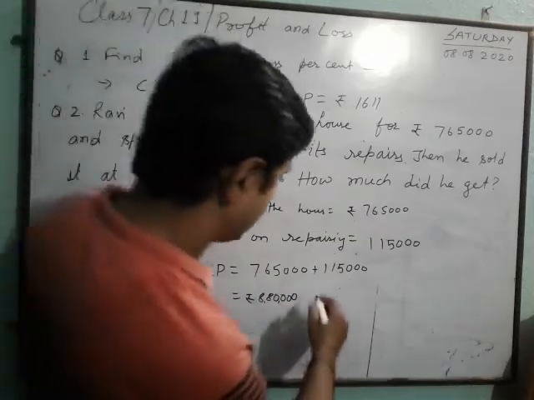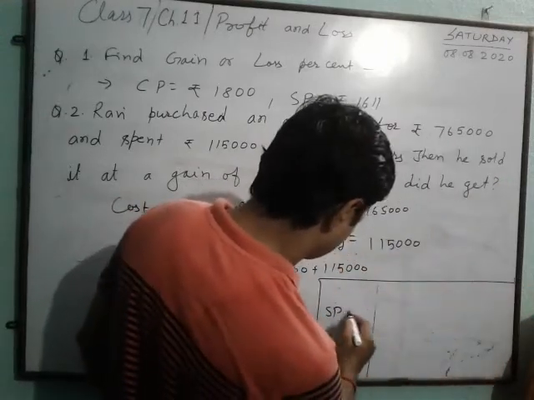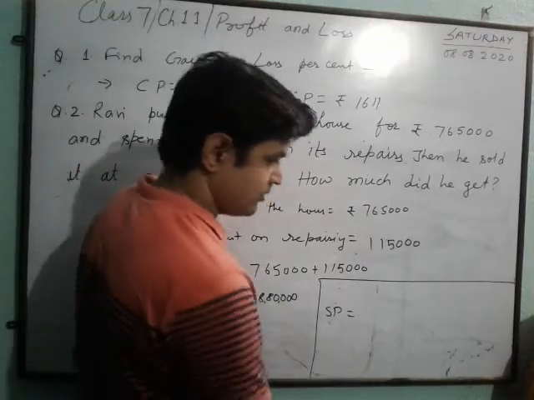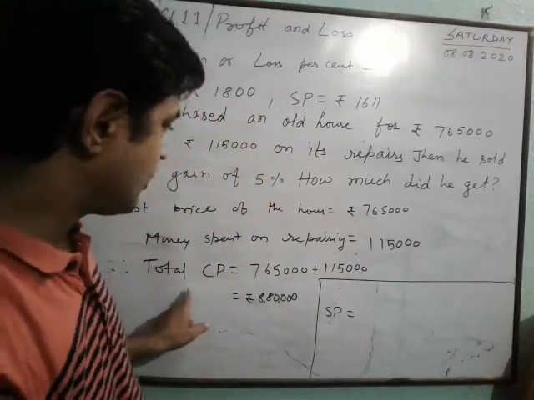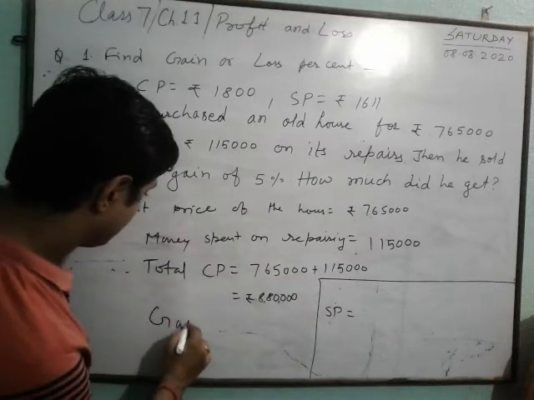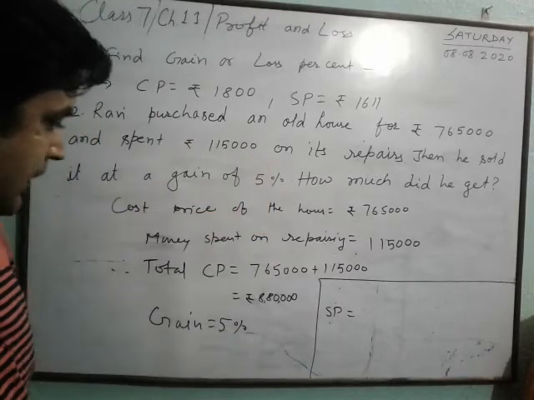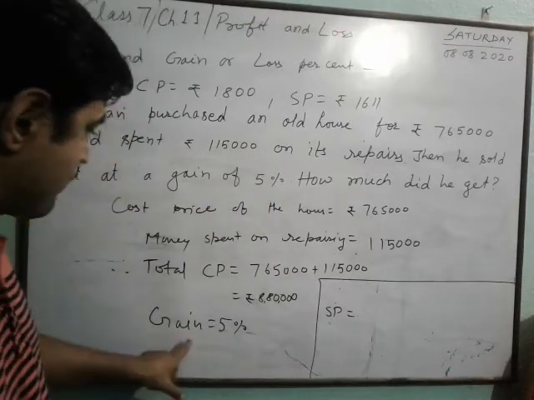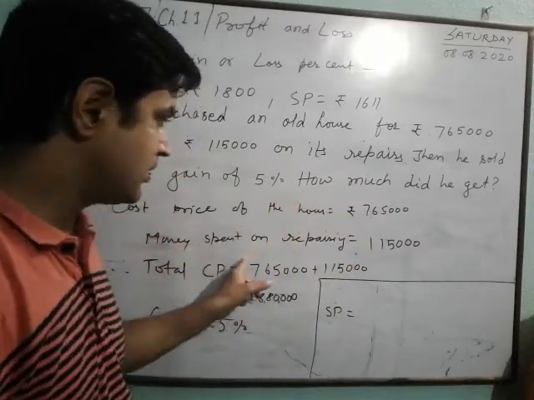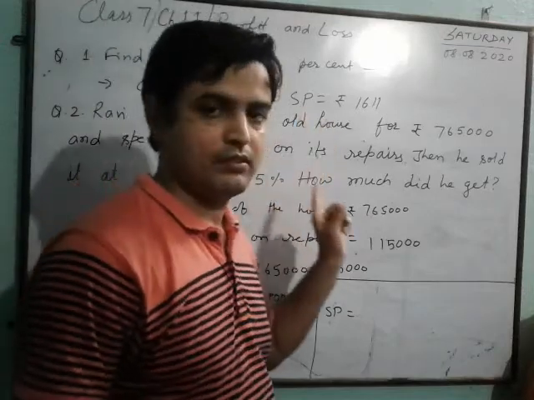Now we will calculate SP. Did all of us know the formula of SP? What is SP? SP equal to, let us follow the trick. It is the case of gain. Gain equal to 5%. It has been given in the question. I just forgot to write it. First, mention all the terms that have been given in the question.